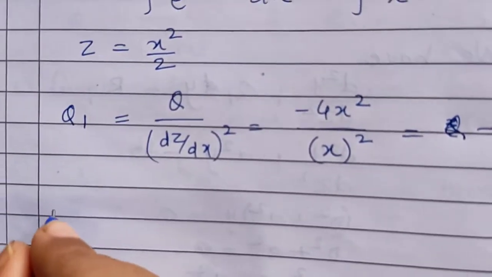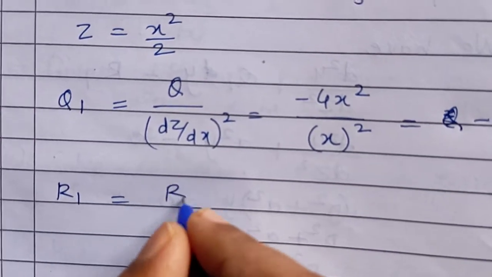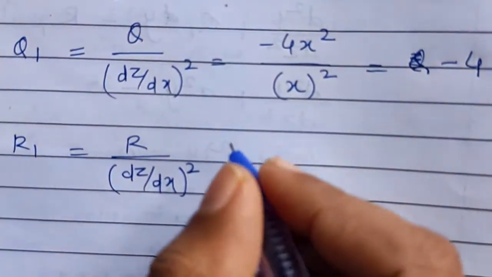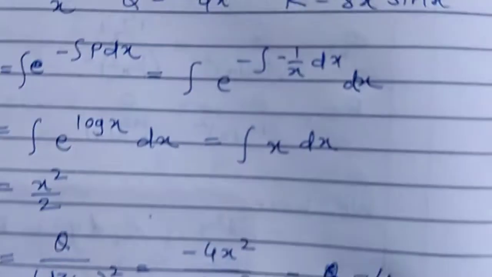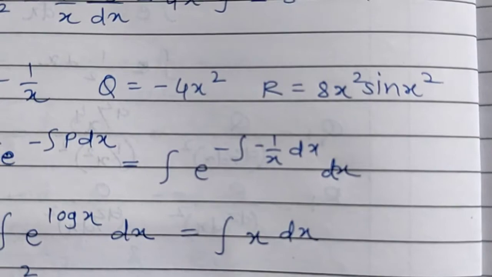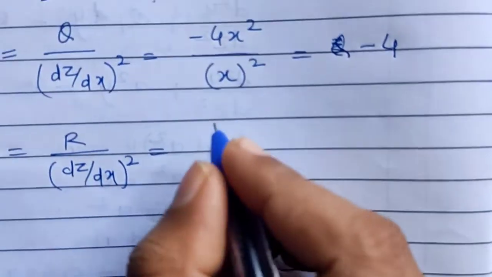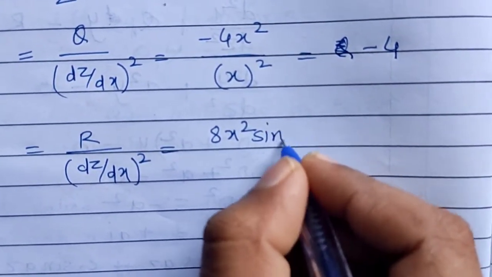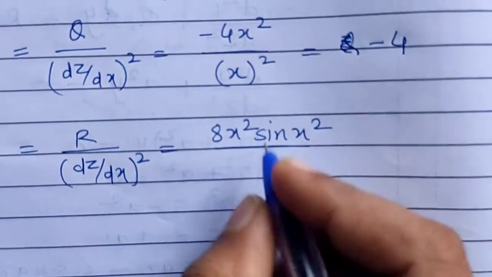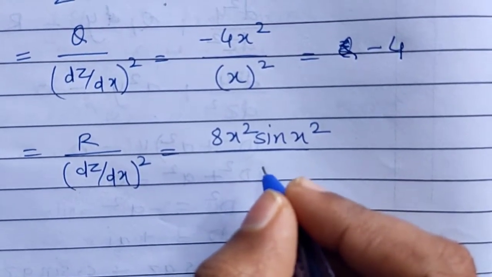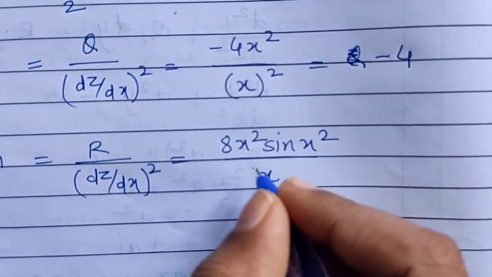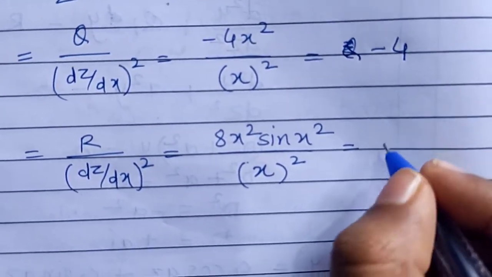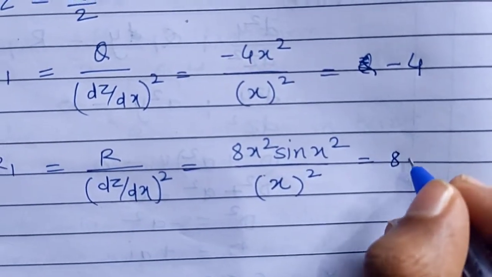Again r1 is equal to r upon dz by dx bracket square. What is the value of r? 8x square sin x square. So putting the value of r as 8x square sin x square, and the value of dz by dx as x, x square gets cancelled and r1 is equal to 8 sin x square.